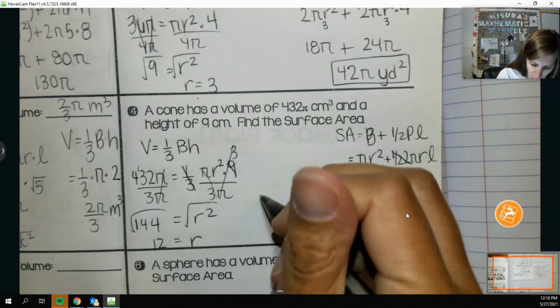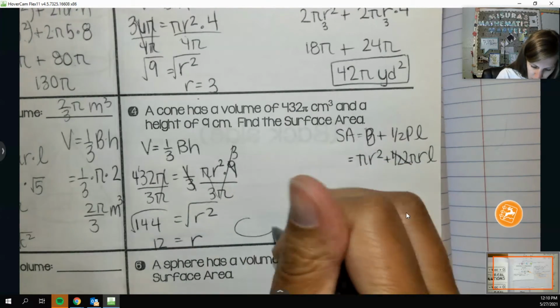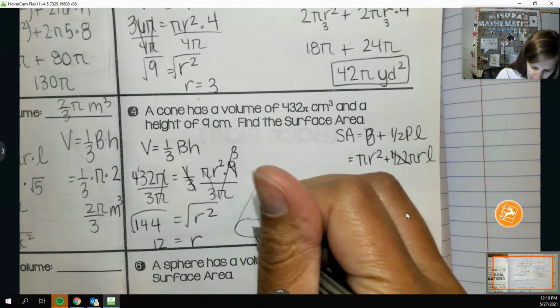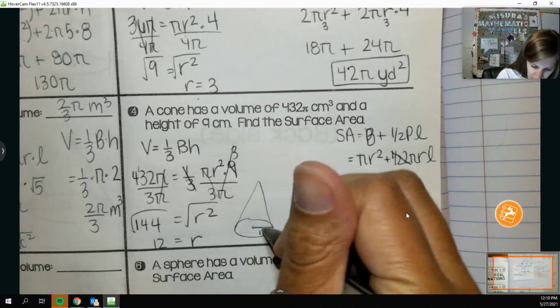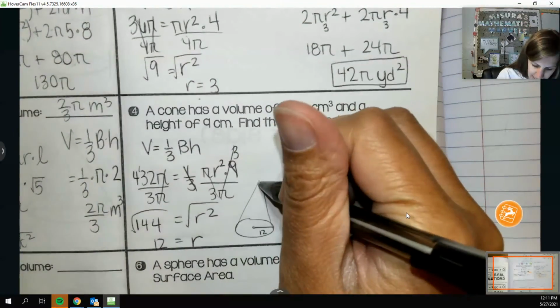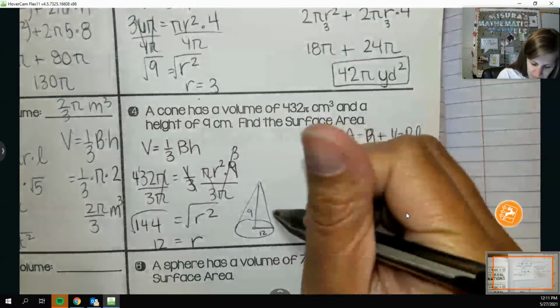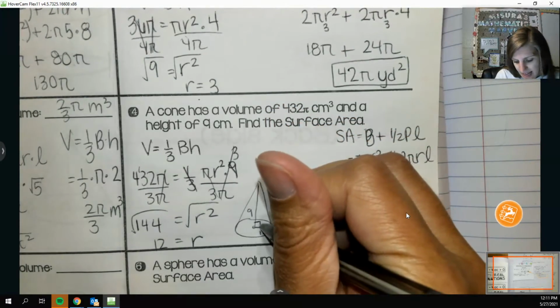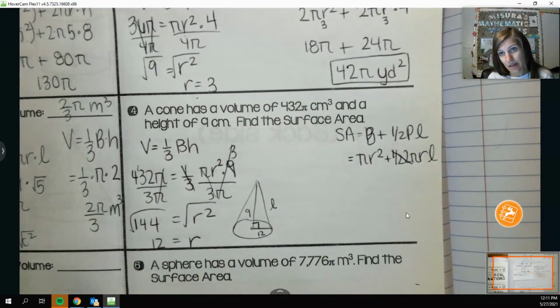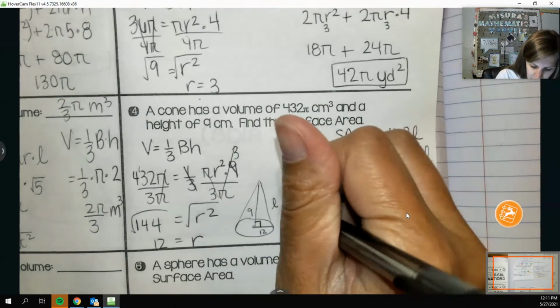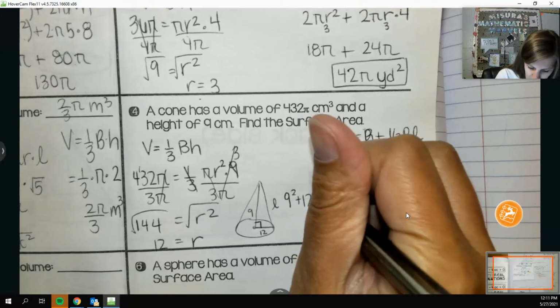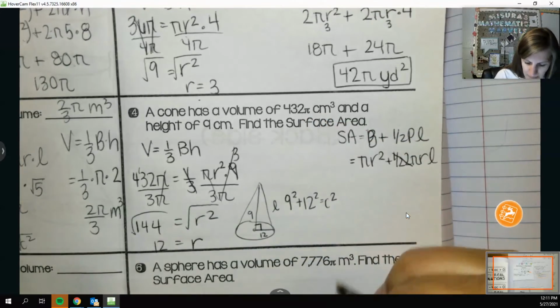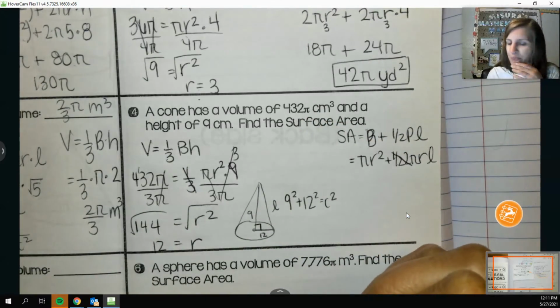Now, if we think about a cone, and my radius being 12, and then my height being 9, I can find that slanted height because I have a right triangle. So we can do that Pythagorean theorem thing again. 9 squared plus 12 squared equals, I don't know, squared. This might actually be a triple.